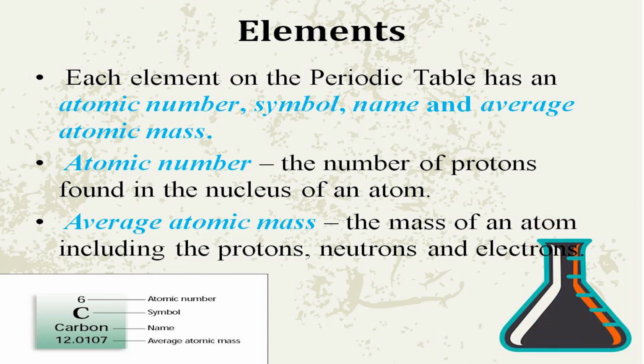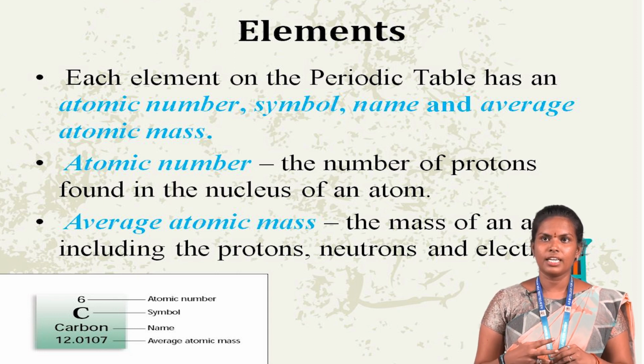Average atomic mass: the mass of an atom including the protons, neutrons and electrons. For example, carbon atom. Carbon is the name, capital C is the symbol, and 6 is the atomic number.